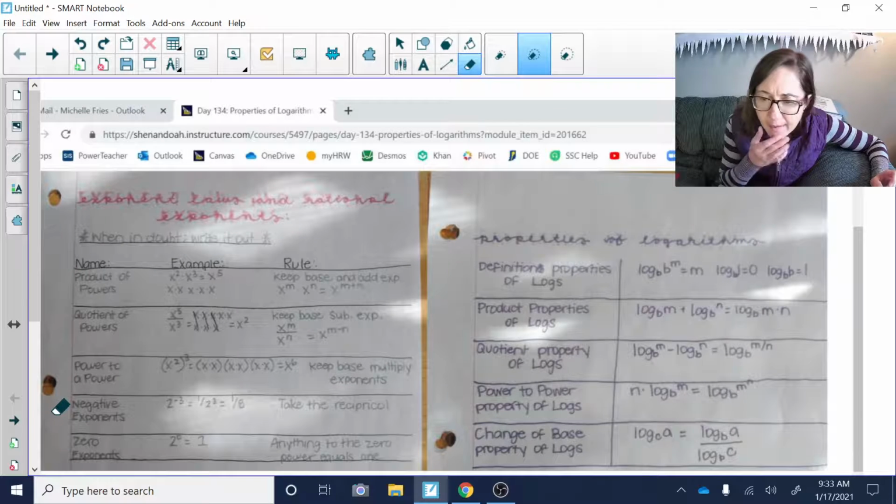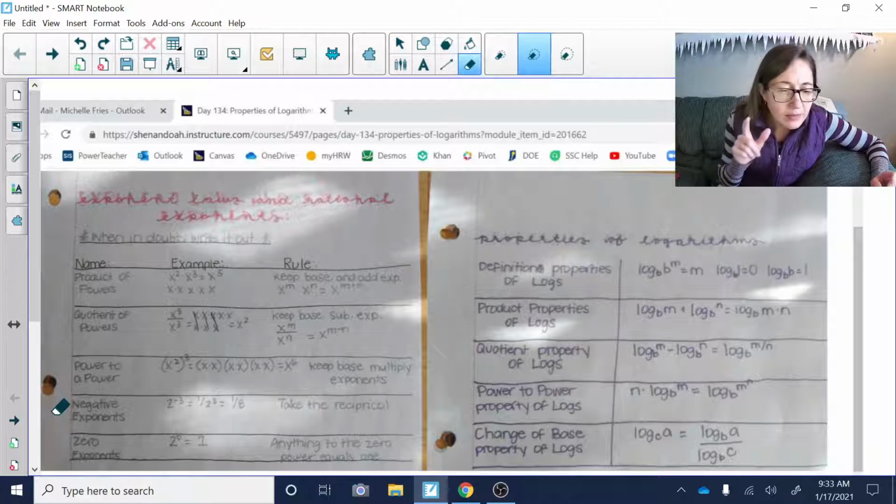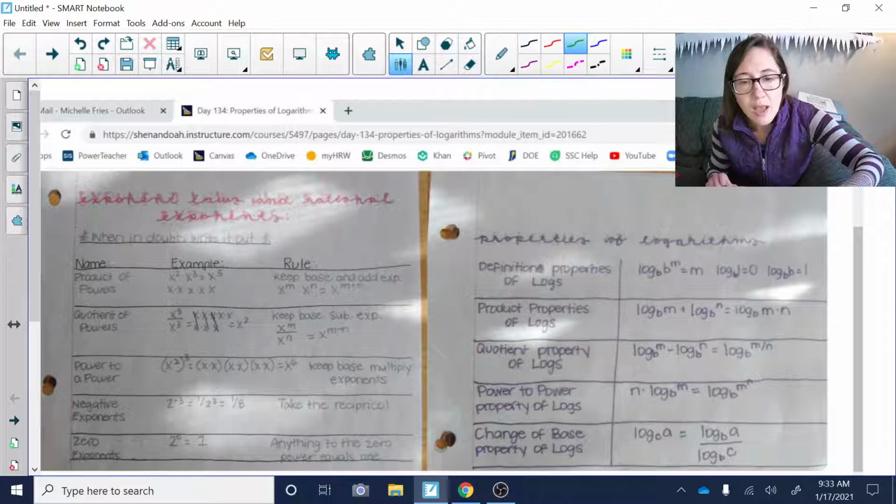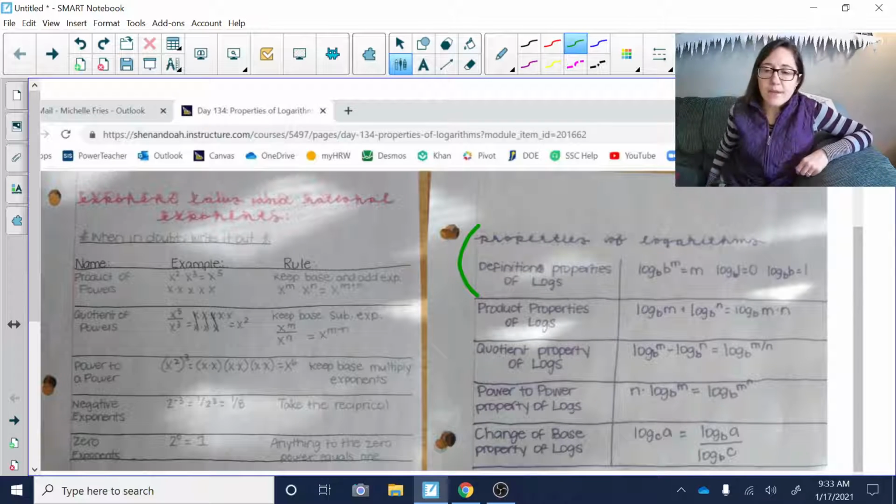Let's see, do I have one that ties into that? Okay, so now I have to talk about the definition properties of logs, which are up here at the top. So if you look right here, these are the ones I'm going to be talking about now. There's 3 of them listed in this box. And the definition properties are kind of like, well, yeah, if you think about them.